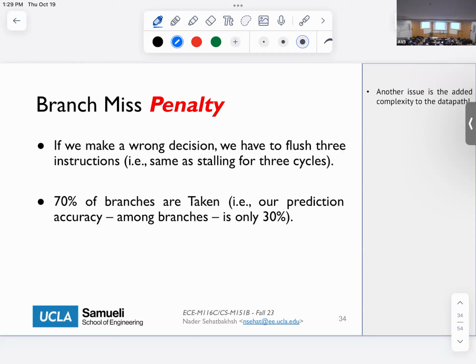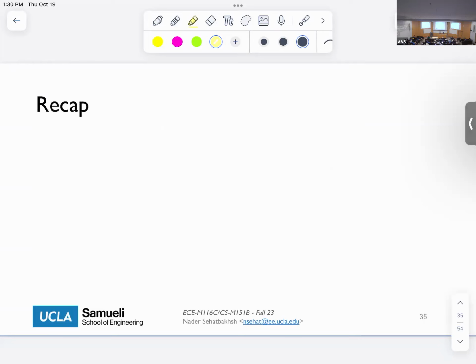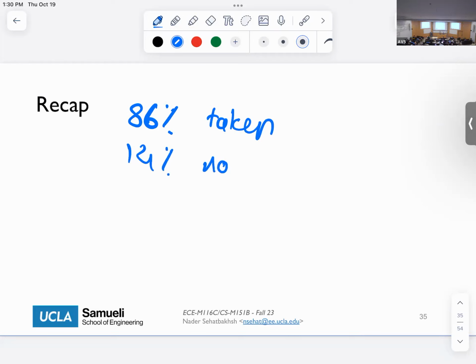So if you think about, for example, if 70% of the instructions are taken and 30% are not taken, you can calculate what our miss penalty would be for a case where we have 86% of instructions taken and 14% not taken, okay? The CPI of this is basically 1.